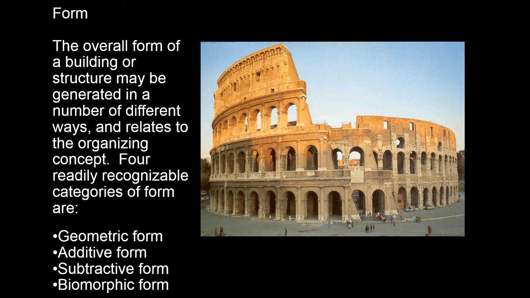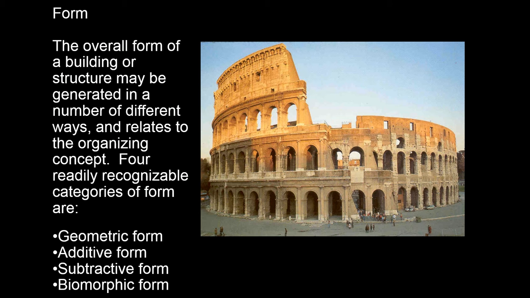So in addition to using the word additive, you can also think of it as aggregated. That means brought together. A different way to look at form is as a subtractive form. That is, you had an initial large thing, and you scooped away at it to make something else.